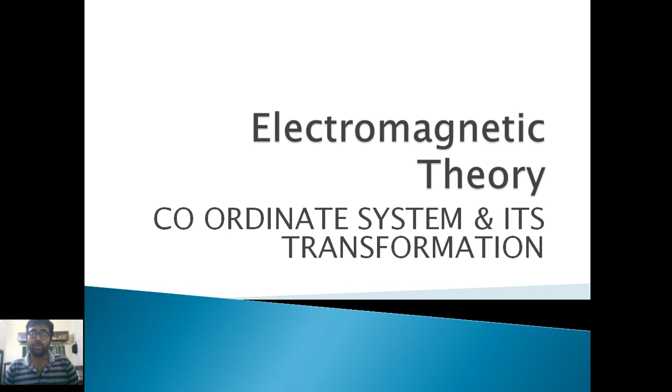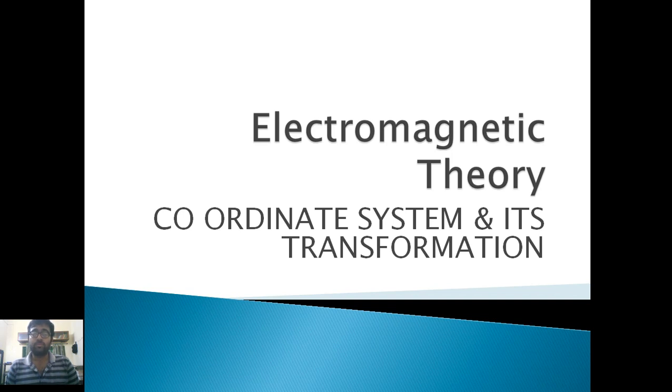Today's topic is about the different kinds of coordinate systems and the transformation between three of them. There are three different kinds of coordinate system we have: one is the Cartesian coordinate system, another is the spherical coordinate system, and another is the cylindrical coordinate system.